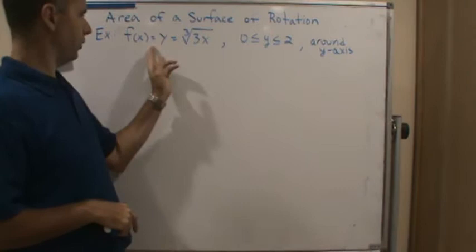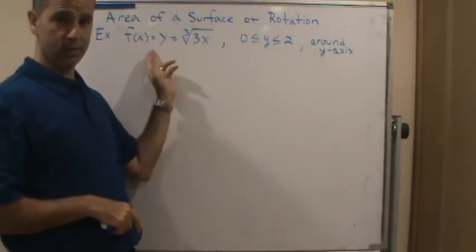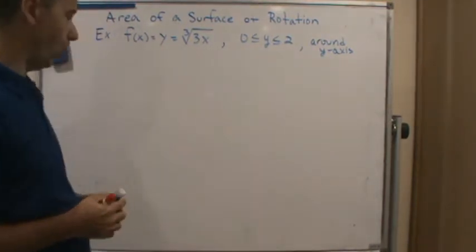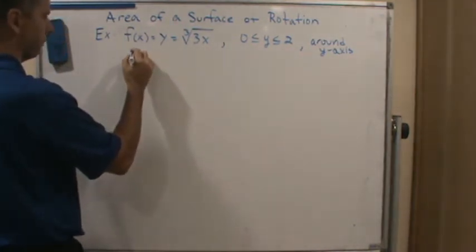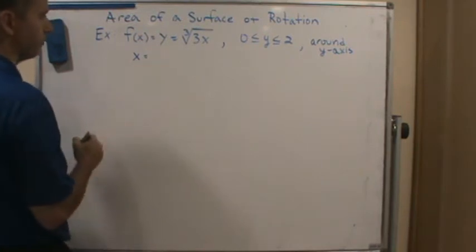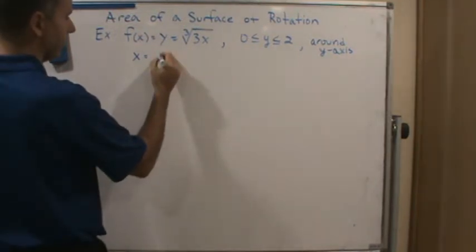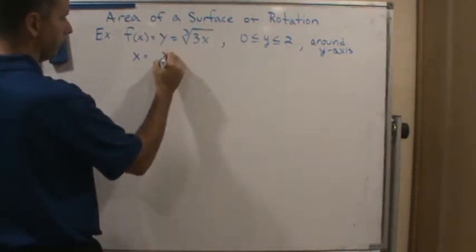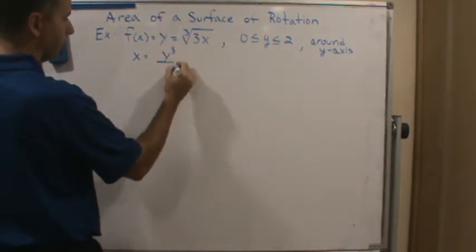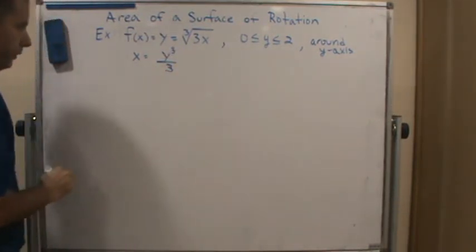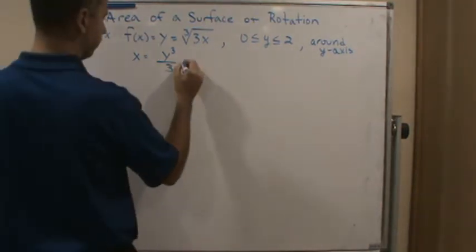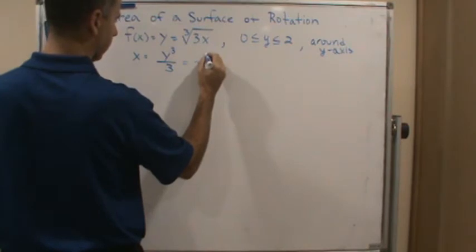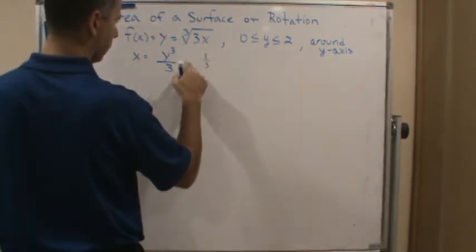So the first thing we need to do is write this as a function of y. So I'm going to solve for x. And when you solve for x, you get y cubed over 3.